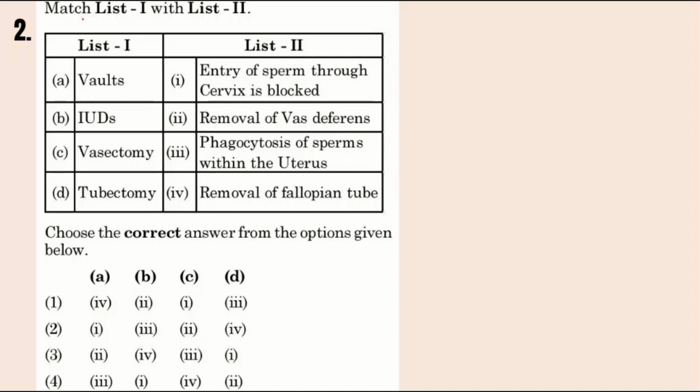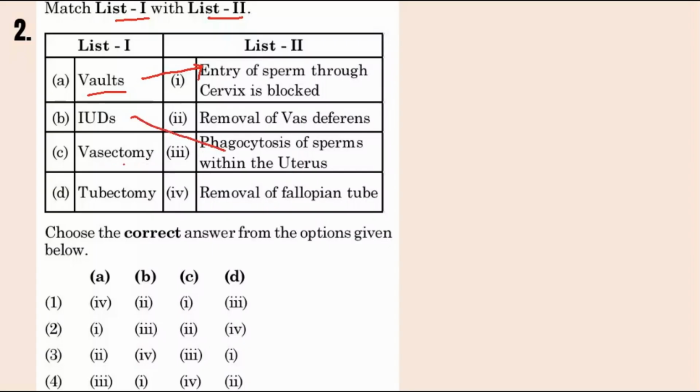Number 2, match list 1 with list 2. List 1 says option A, walls. That means entry of sperm through cervix is blocked. And B option is IUDs, intrauterine devices, that help in phagocytosis of sperms within the uterus.